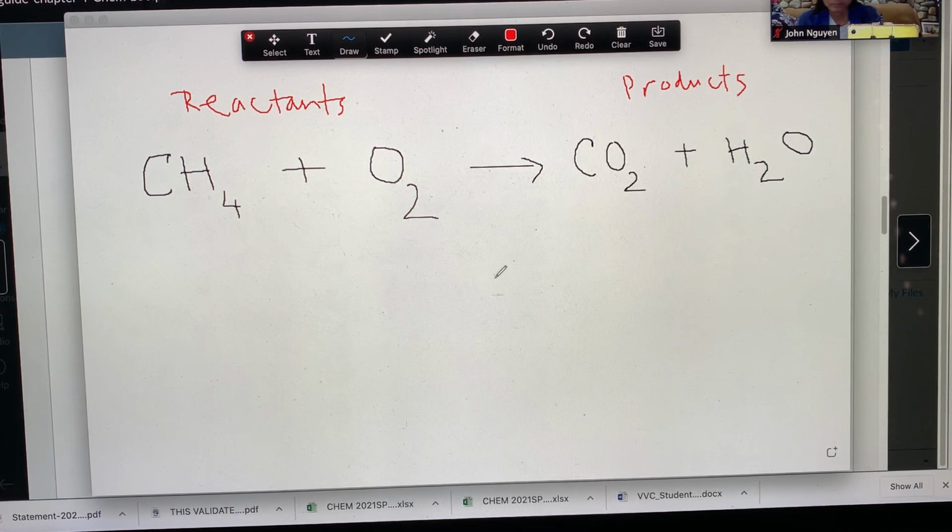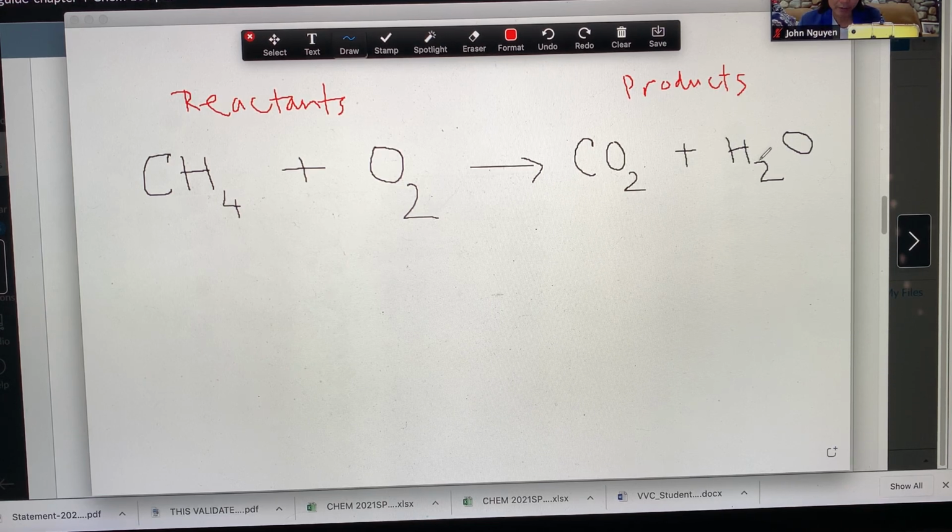All right. Now, balance means you make sure they're equal, okay? So you're counting. You have 1 carbon on the left side, on the reactant side. You have 1 carbon on the product side. So we're good for now. 4 hydrogen on the reactant side, but here you have 2. Now you cannot go around and change that number, because that's the fixed subscript for the formula of water.